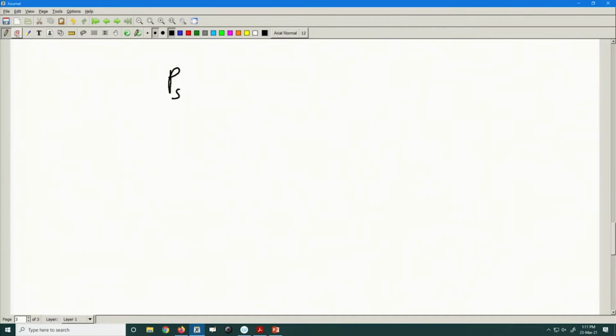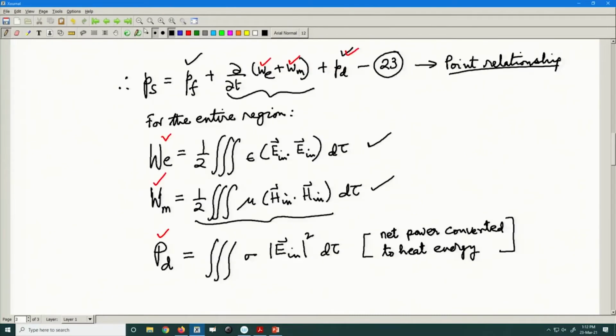It is different from small p s, it is different from this term. This is small p s and that is capital P s. So, this is the net power supplied by the sources in the region.